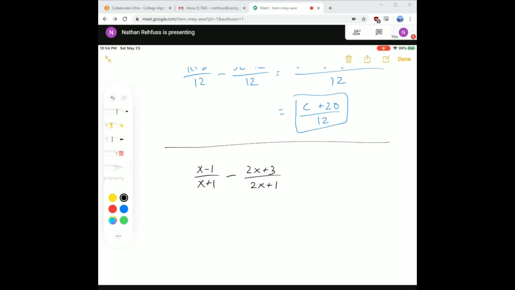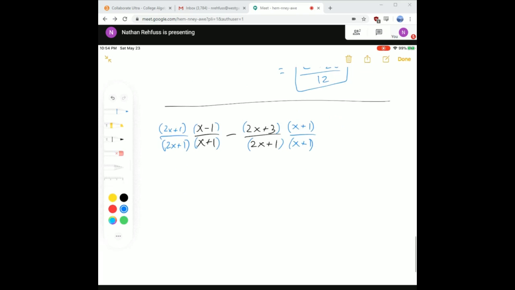Only common denominator I can think of is if we multiply x plus 1 and 2x plus 1. I'm going to draw in a lot of parentheses here to remind myself I'm going to have to distribute a lot of things. Pop a 2x plus 1 over 2x plus 1 here. Pop a x plus 1 over x plus 1 here. So I'm going to have a common denominator.